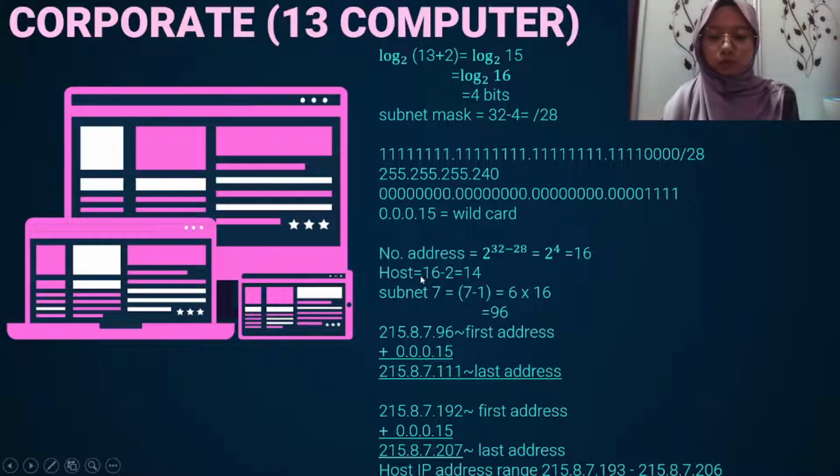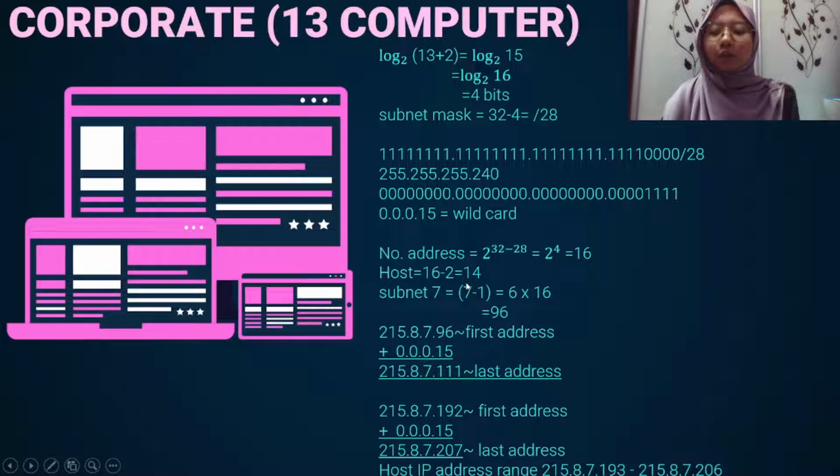For the hosts, we take the number of addresses and minus 2, and then we got 14. And then for the subnet, this corporate is subnet 7.